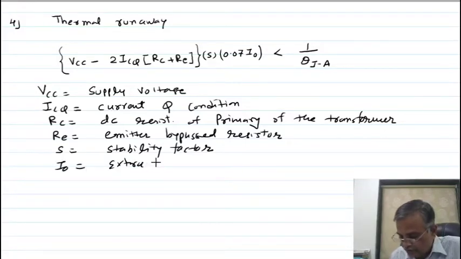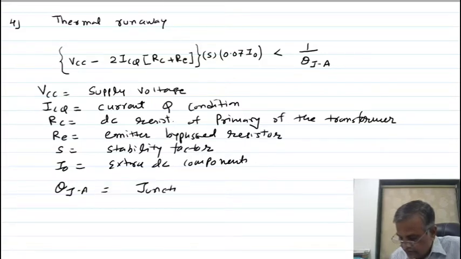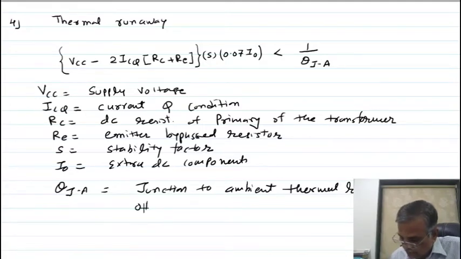You already know the meaning of this extra DC component. Theta J is the junction to ambient thermal resistance of the transistor.